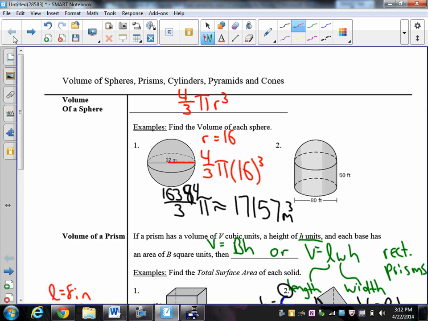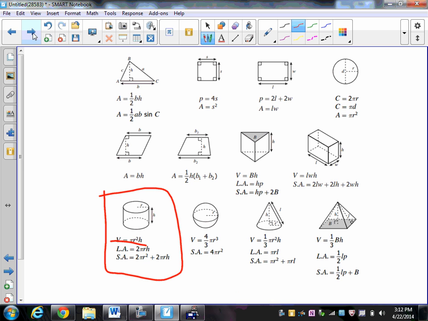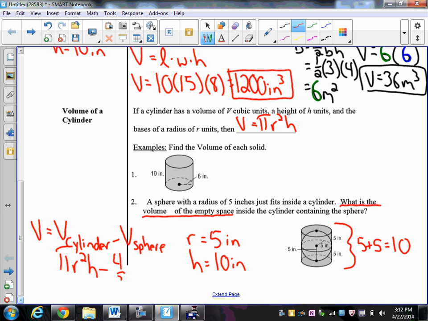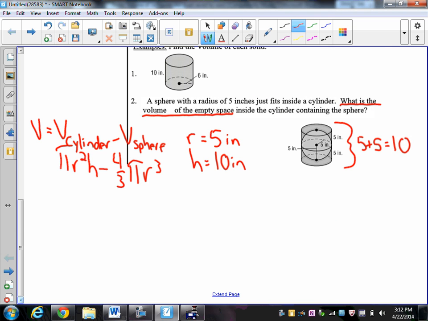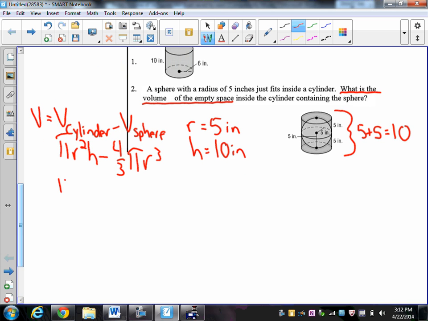I have pi r squared h minus the volume of a sphere, 4/3 pi r cubed. And then I just substitute what I have into it. So I know that the radius is 5 squared.